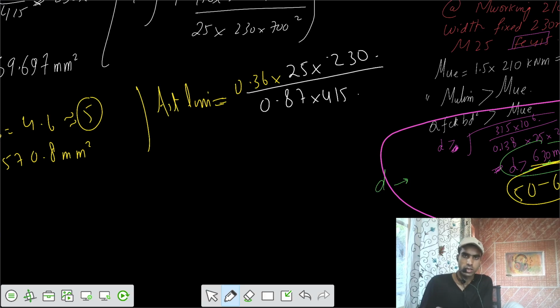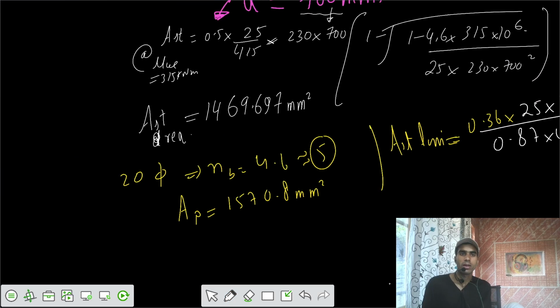Let's solve it. 0.36 fck b divided by 0.87 fy. What is the missing parameter we have? Yeah, Xu limiting is missing here. So that's your Xu limiting, 0.48 corresponding to 415, and the factor of D. The value of D, we assumed D to be 700, I think.